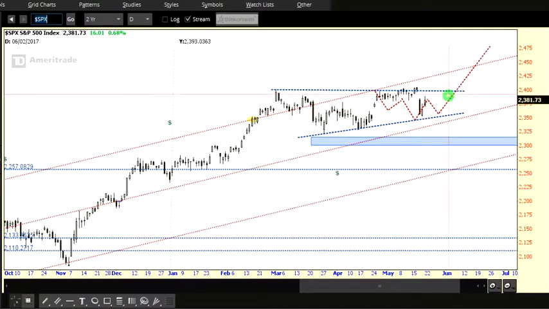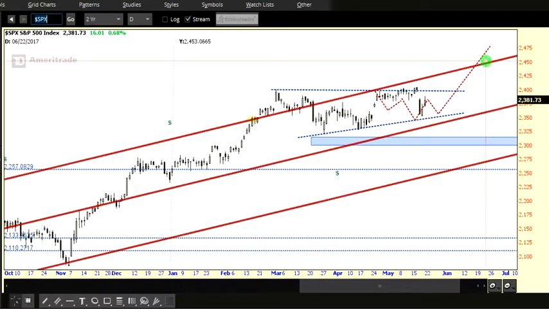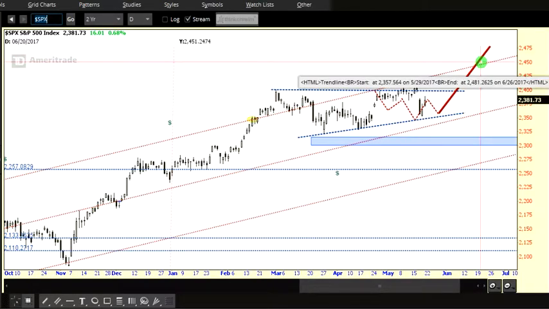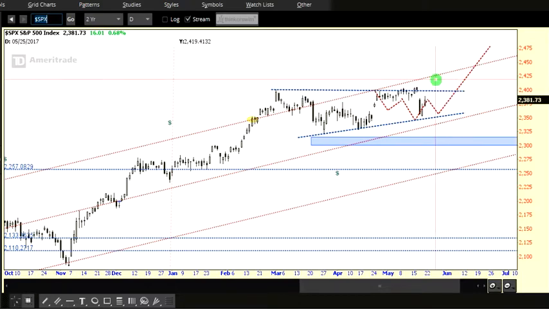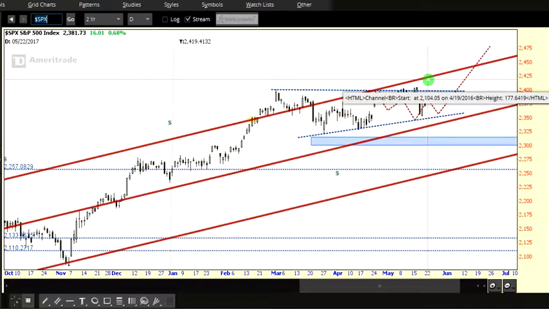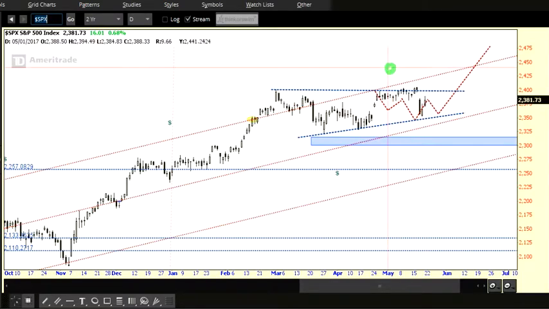But really anywhere in here, because we're going to get probably, well, what is this, from, let's call it 2340 up to let's call it 2450 at least, maybe higher, but let's just say 2450. So you're talking about a 120 point move, or roughly what is that? 1% would be 24.